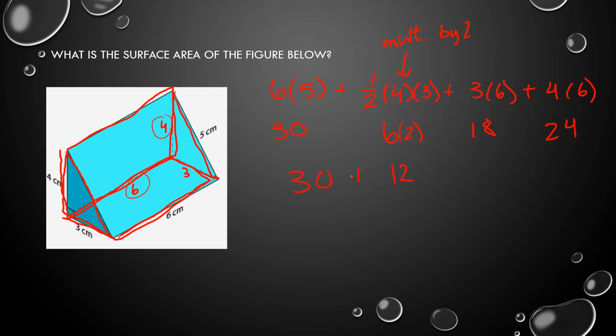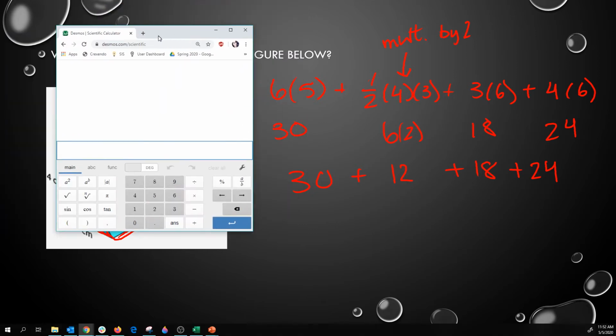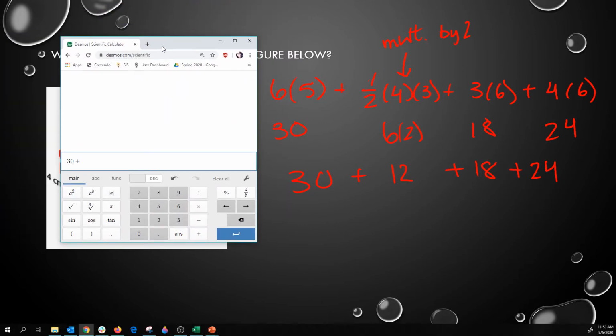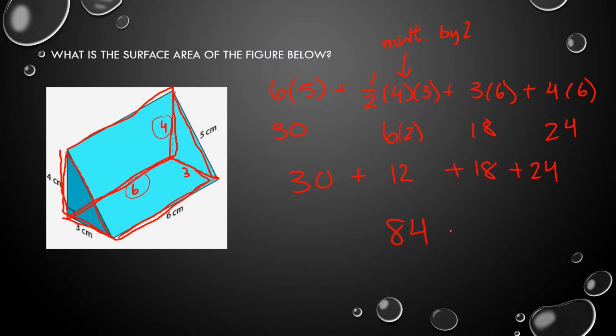So I have 30 plus 12 plus 18 plus 24, which gives me 84. So the surface area of this triangular prism is 84, and it would be centimeters squared.